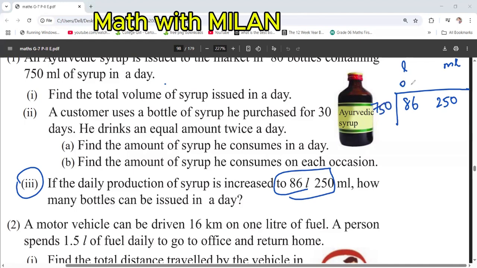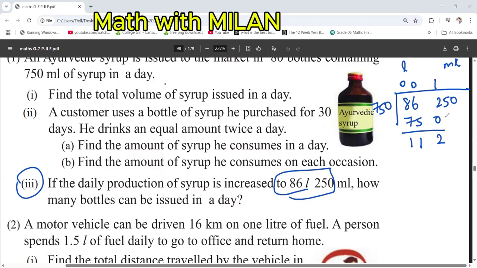So let's divide by 750. For 8, you have no 750s. For 86, you have no 750s. For 862, you have 750. So you need to write 1 here, because for 862, there is 750. So 1 into 750 is 750. So you subtract it. 2 minus 0 is 2. 6 minus 5 is 1. 8 minus 7 is 1.